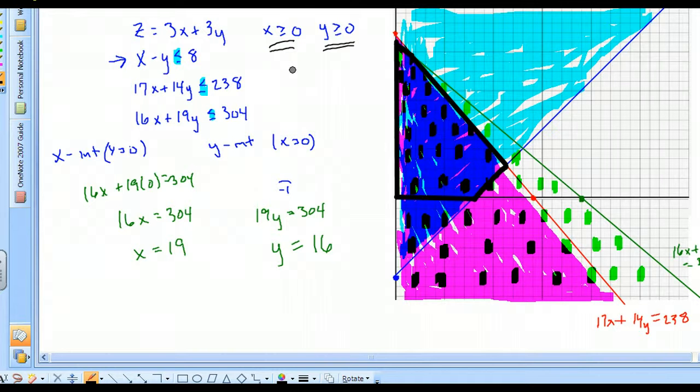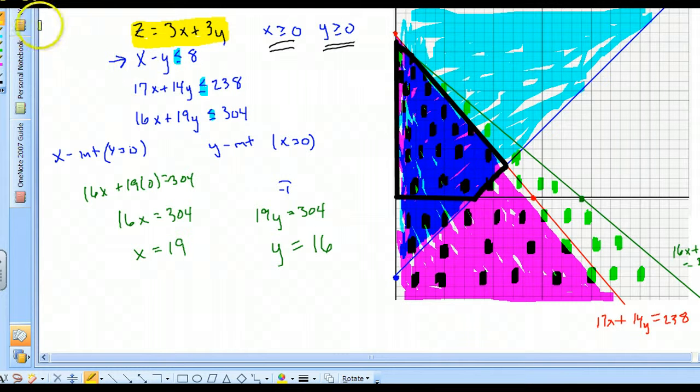Now what we talked about in the last section and part of this section is whatever maximizes the original equation up here, this function, has to be a corner point of this region right here.